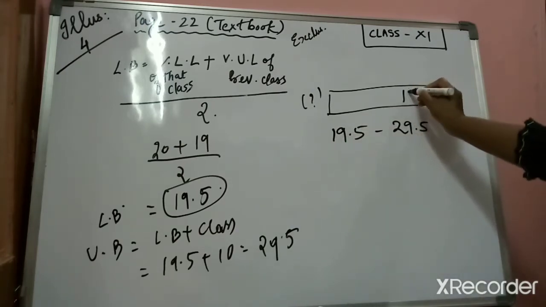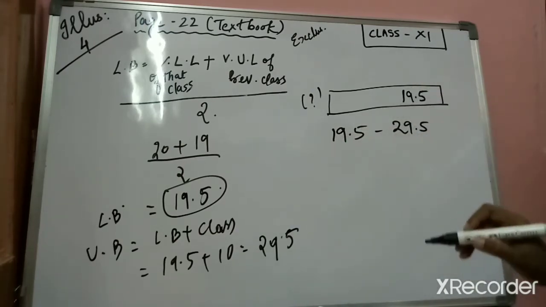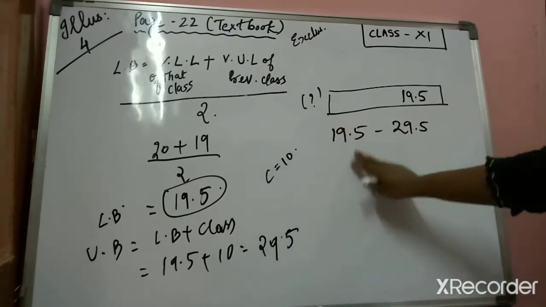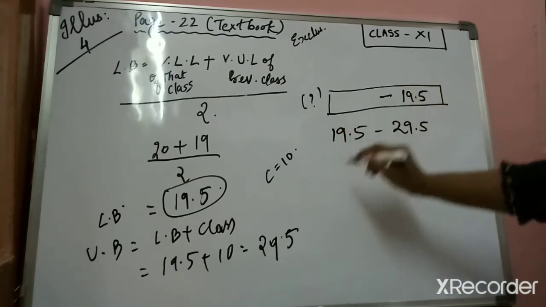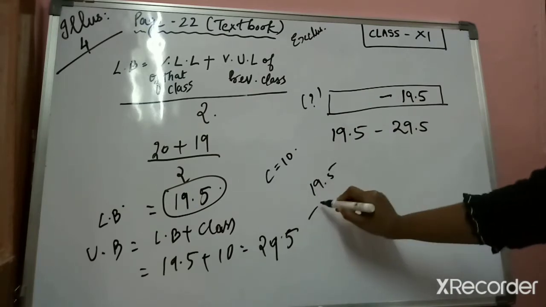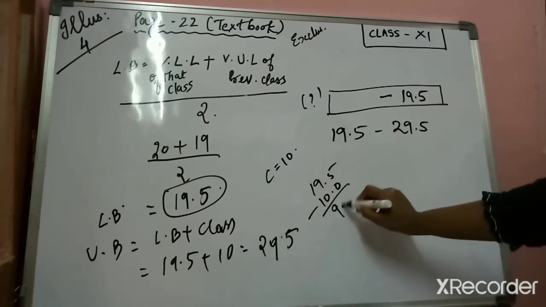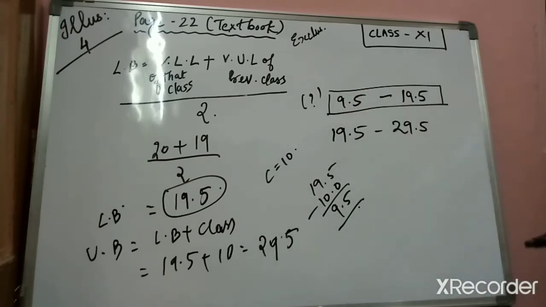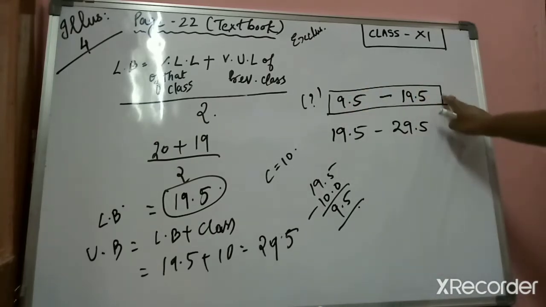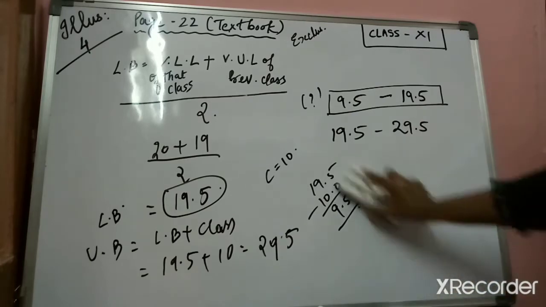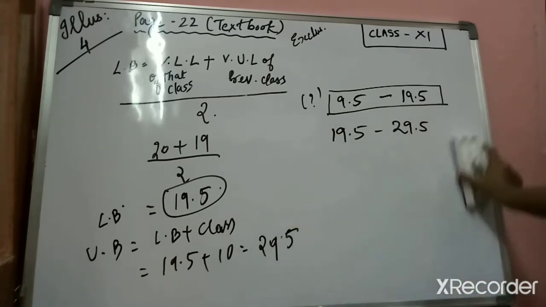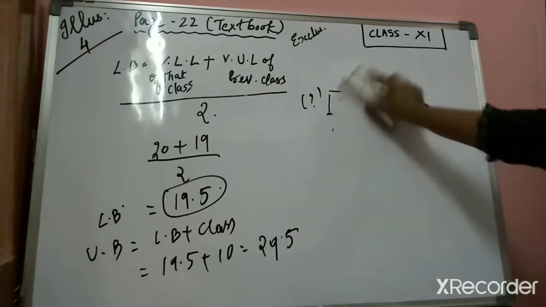So if this is 19.5, this should also be 19.5. Now my class length is equal to 10, so I just minus 10, 19.5 minus 10. So what it is, 9.5. So this is the lower limit of the previous class. Then you can move ahead like this. Clear? I hope this is clear to you, what is exclusive, how to find out the exclusive class limits.